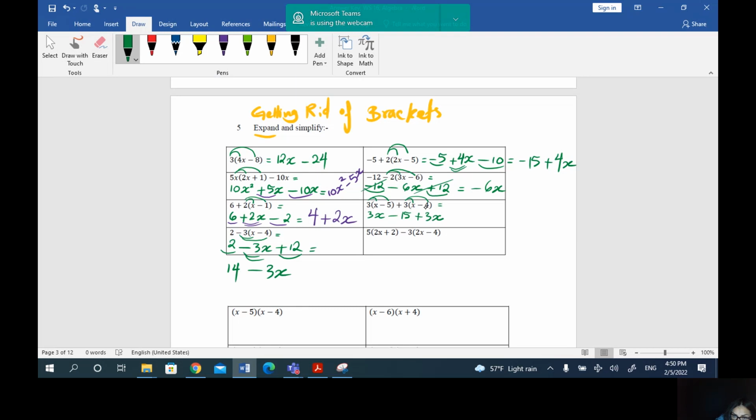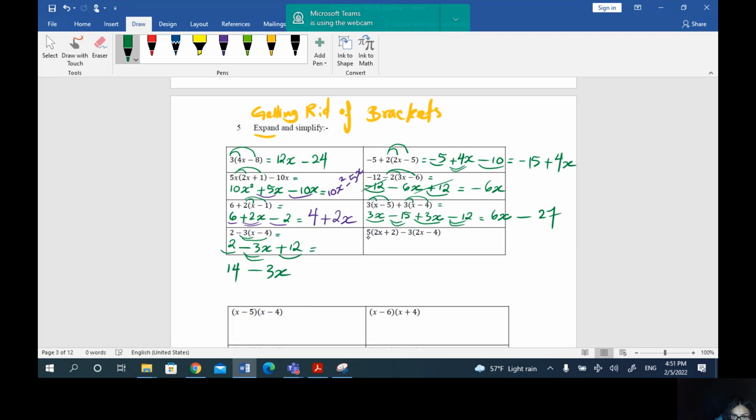Positive 3 times negative 4 is negative 12. Now we are collecting like terms. 3x is a like term to 3x. So 3 plus 3 is 6x. And negative 15 is a like term to negative 12. So it will be minus 27.